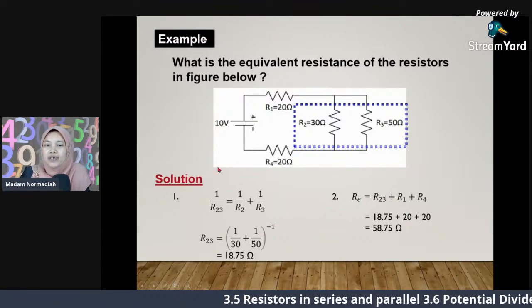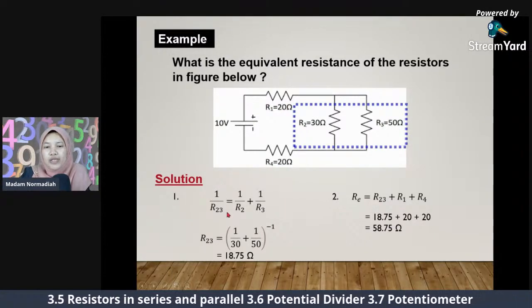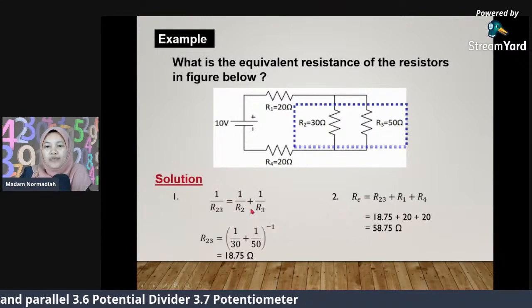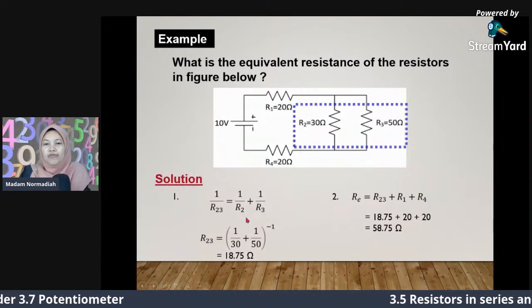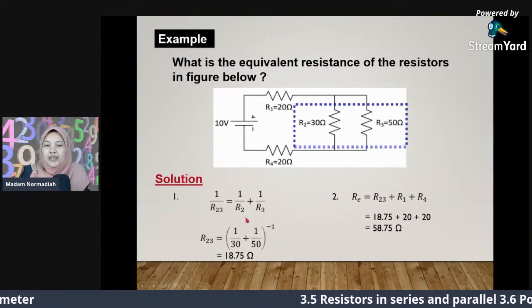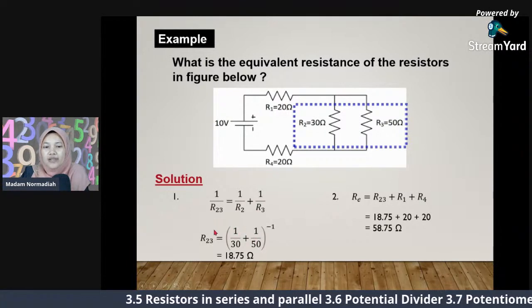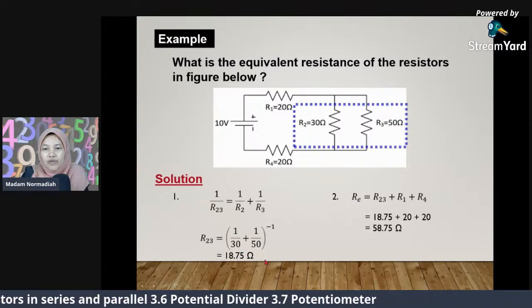Since they are in parallel, we use the formula 1 over R23 equals 1 over R2 plus 1 over R3. Then you substitute the values of R2 and R3, and you get the effective resistance for R23, which is 18.75 ohm.